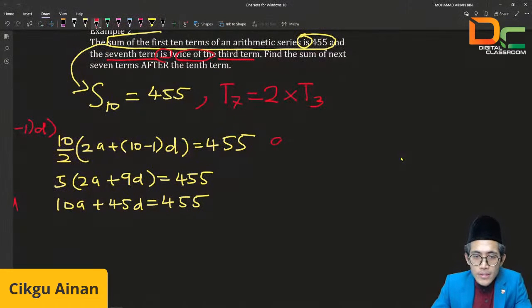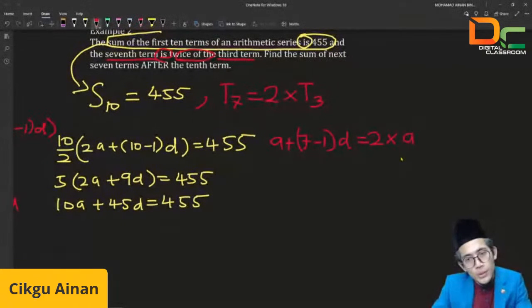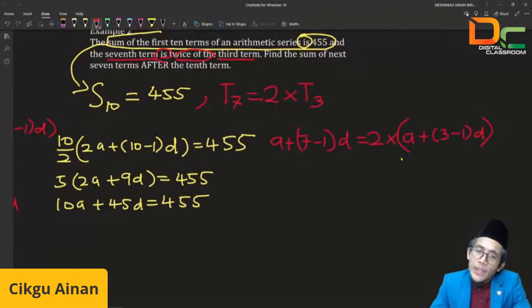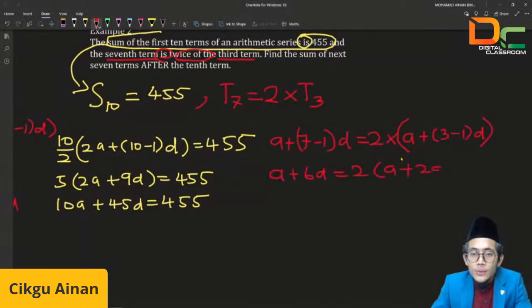The seventh term is a plus 7 minus 1 d equals 2 multiplied by a plus, in brackets, the third term, 3 minus 1 d. So a plus 6d equals 2a plus 2d.